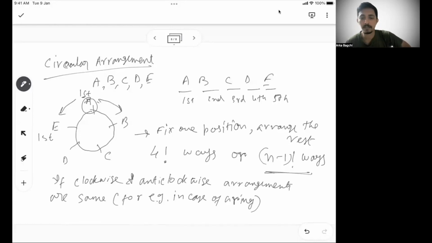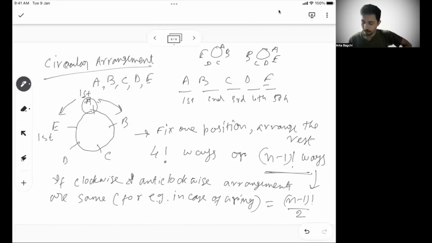For example, in case of a ring, the clockwise and anti-clockwise arrangements are the same. Then this n minus 1 factorial becomes n minus 1 factorial by 2, because your arrangements are the same. So B, C, D, E. What I mean by this is, if you write A, B, C, D, E, it will be the same as if you write A, E, D, C, B.